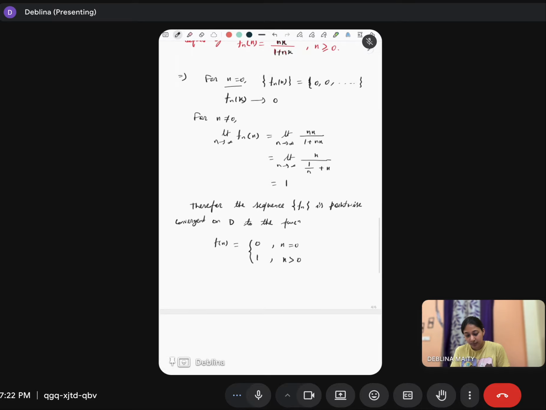So this sequence converges pointwise on D to this function.